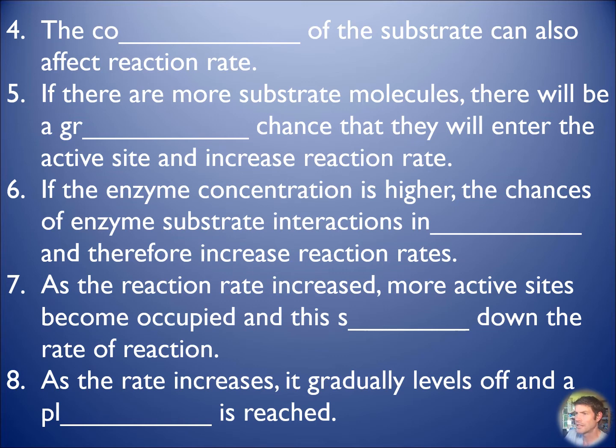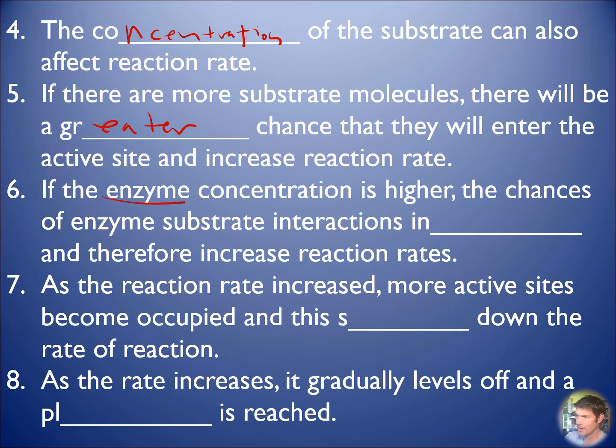The concentration of the substrate can also alter the rate. If you have more substrate, more things like we saw in the boats earlier floating around in there, there'll be a greater chance that they'll enter the active site and therefore react.